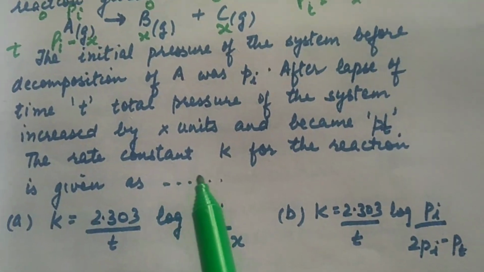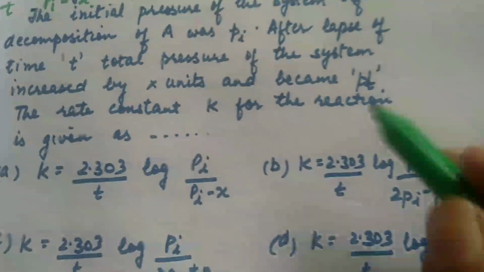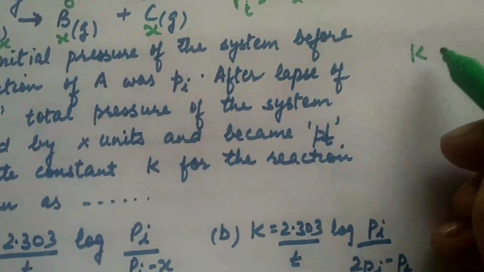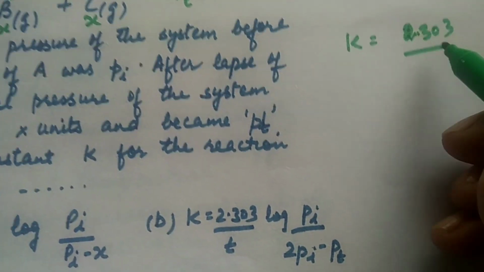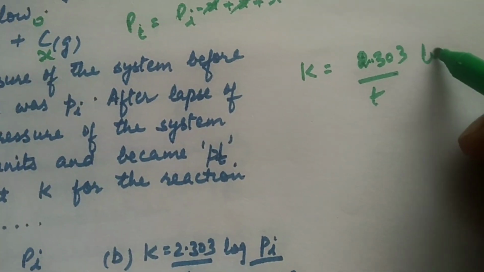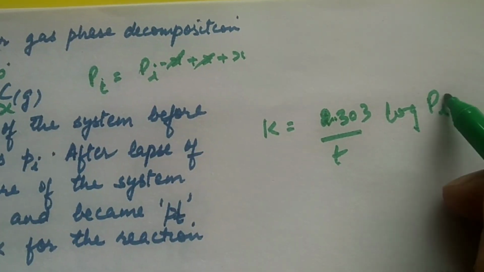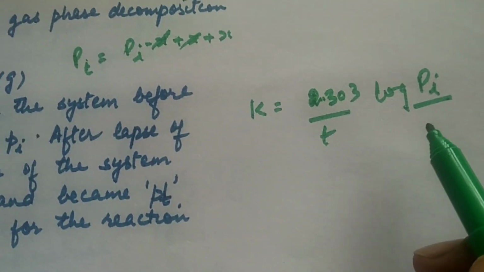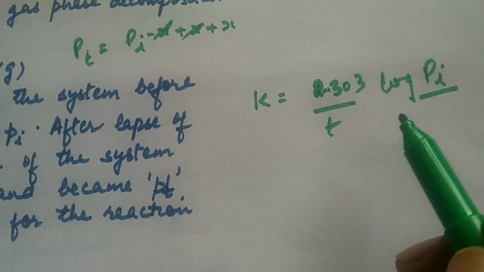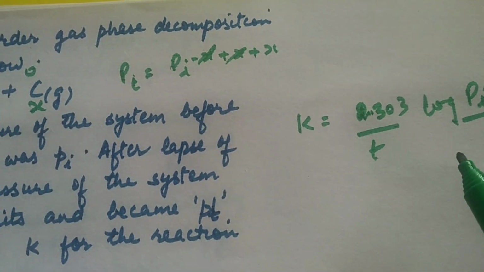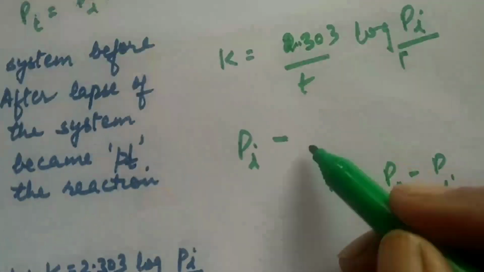Now the rate constant for the reaction will be given by the equation k is equal to 2.303 upon t log of a upon a minus x. Now pressure is Pi, and a minus x we have to find out. So a minus x will be equal to Pi minus x.